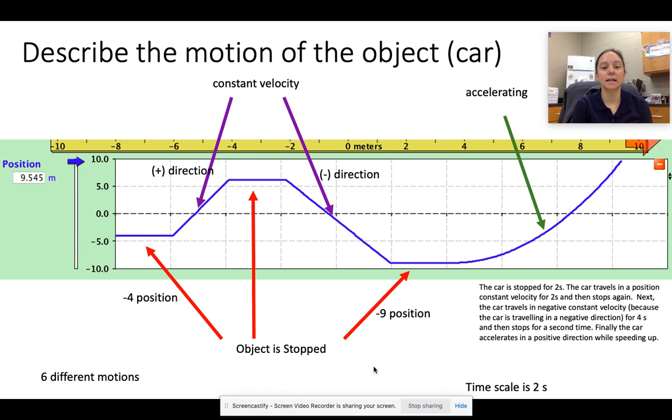At 6 seconds, the object will again move at a constant velocity, but this time in a negative direction, and then stops for a third time. After the third stop, that object is going to be accelerating. The object is going to be moving in a positive direction and speeding up. And so that would be the description of the motion. So in that time frame, where do we see balanced forces and where do we see unbalanced forces?